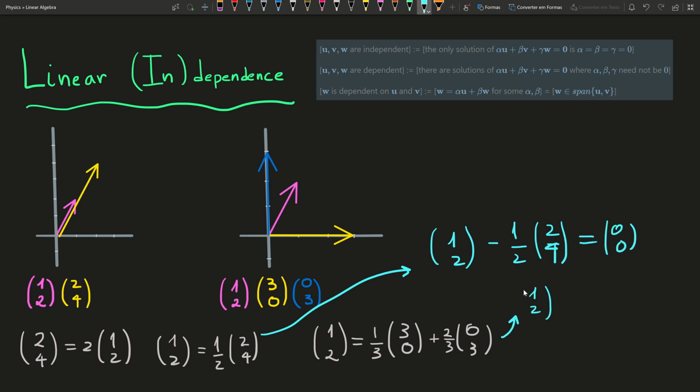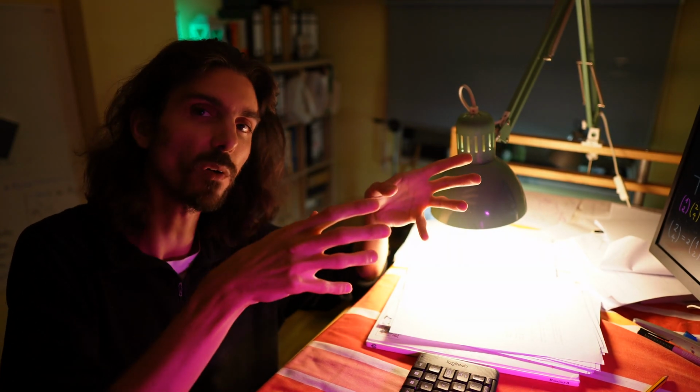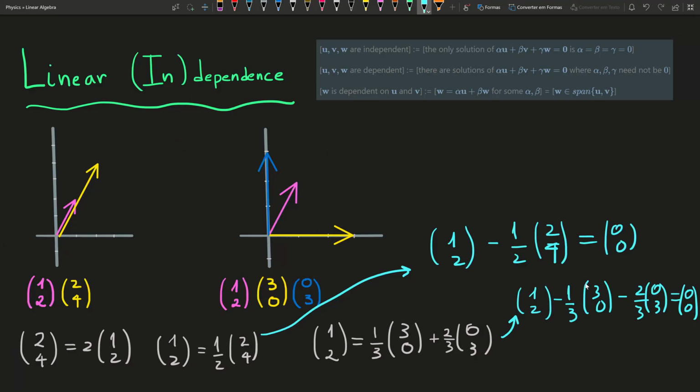So (1, 2) minus 1/3 of (3, 0) minus 2/3 of (0, 3) is equal to the vector (0, 0). I now have a linear combination on the left side equal to the zero vector, and another linear combination on the left side equal to 0.